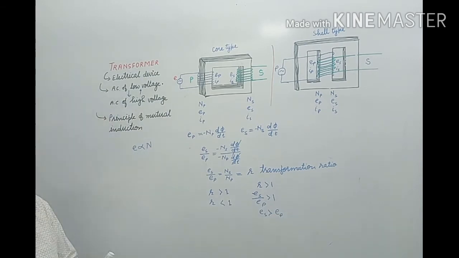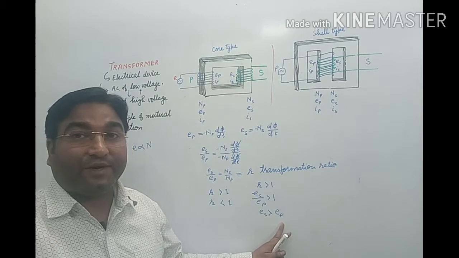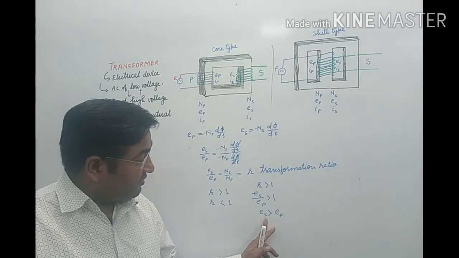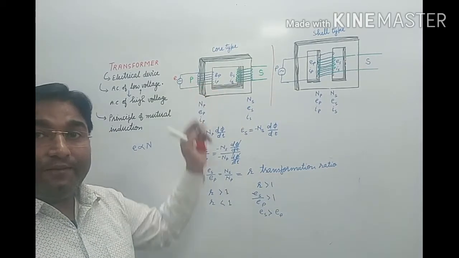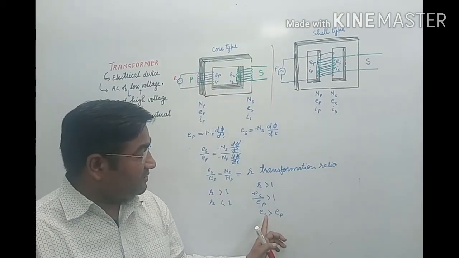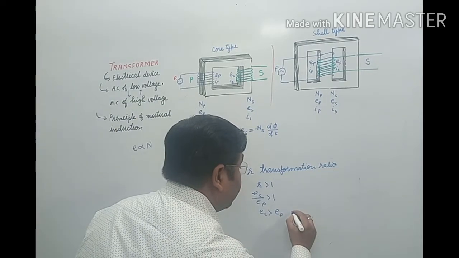Means EMF in the secondary coil is more than EMF in the primary coil. Means the voltage across the secondary coil is more than across the primary coil, therefore it is a step-up transformer.